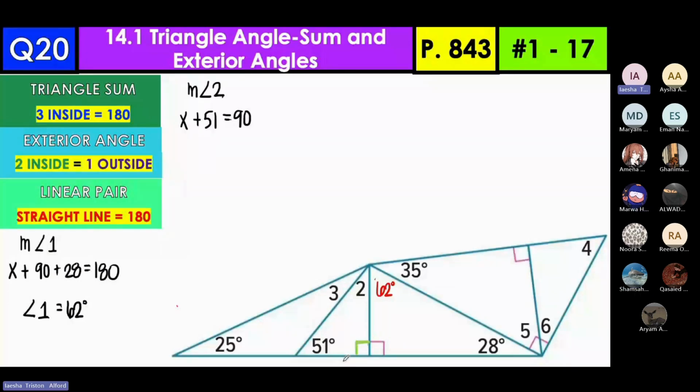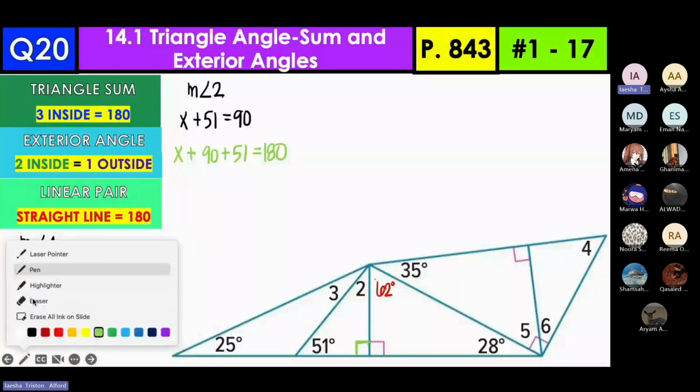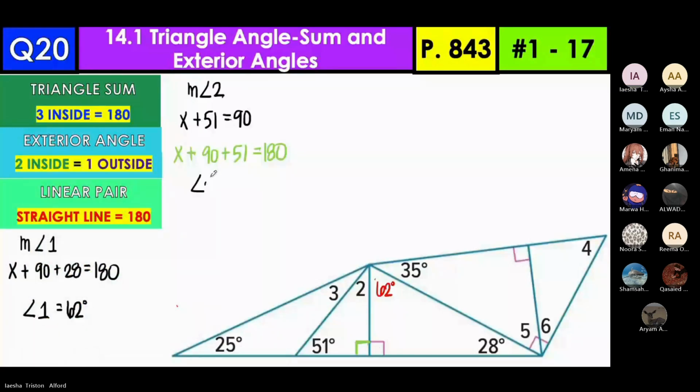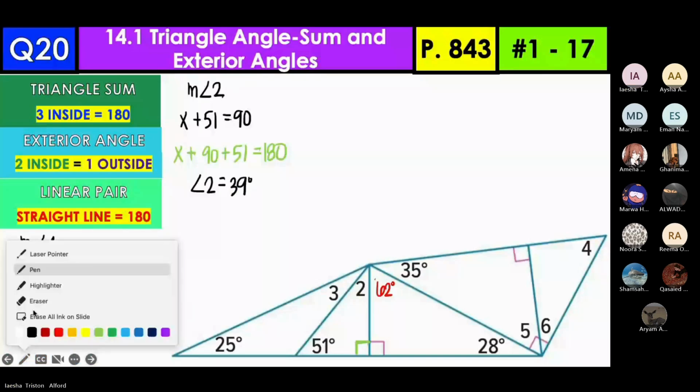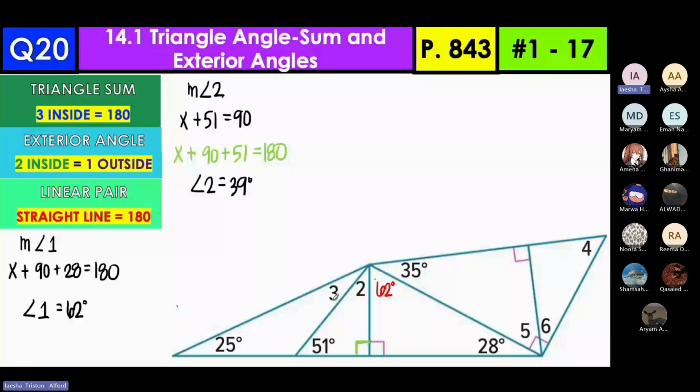So you could use triangle sum as well: x plus 90 plus 51 equal 180. It's up to you. Depends on what you see. Both are correct. When you solve that, you're going to get the measure of angle 2 is equal to 39 degrees. So erase the 2 and put 39 degrees.